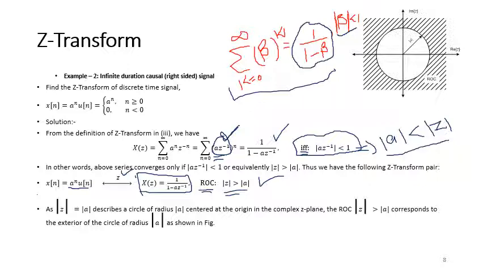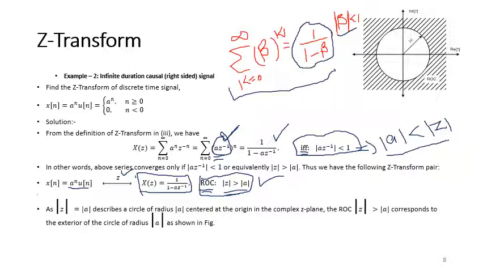If the absolute value of z is equal to a, or less than a, in that case this summation will not result into some finite value, it will result into infinity, which we call the divergence. So this expression will converge only if this condition is satisfied. I hope all the things are clear to you. So we can say that basically the ROC of this one is this relationship.